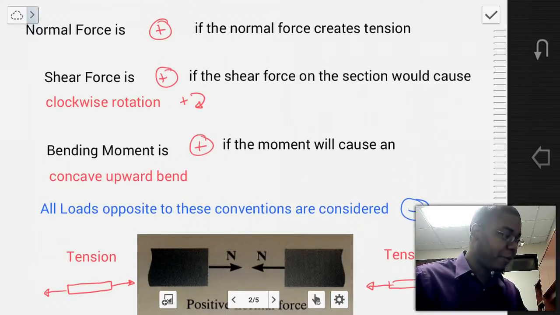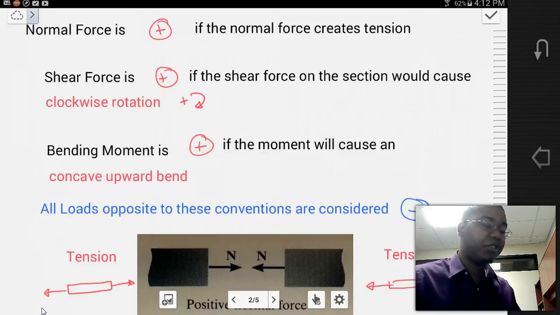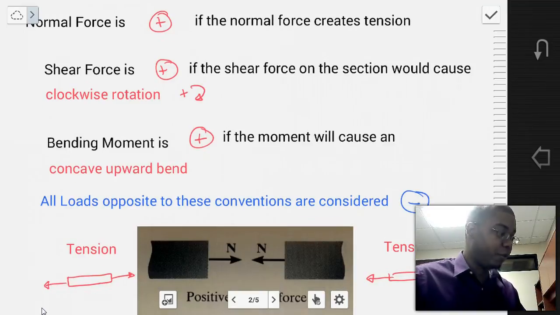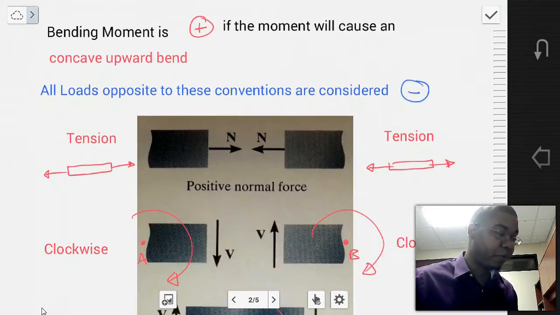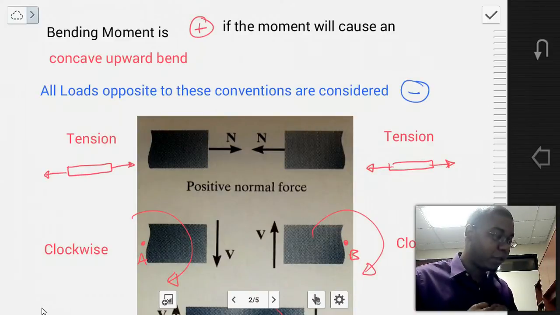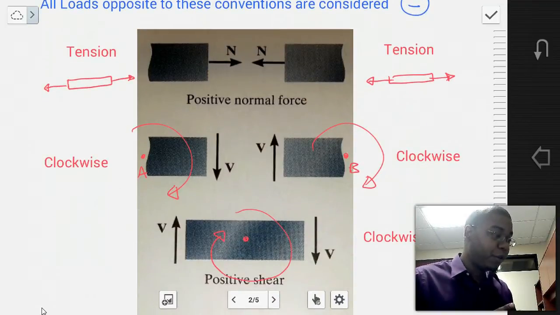Now, what about shear forces? The shear force is positive if the shear force on the section would cause a clockwise sense of rotation. Notice that it's not counterclockwise, but a clockwise sense of rotation. Now let's look at what we would see in our section. If we were to take a body and do the method of sections, a positive shear value would produce a clockwise sense of rotation.